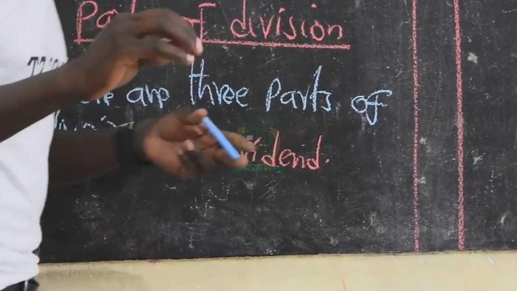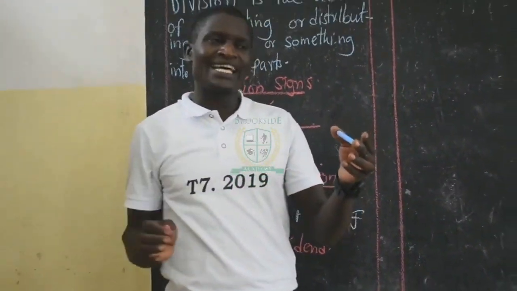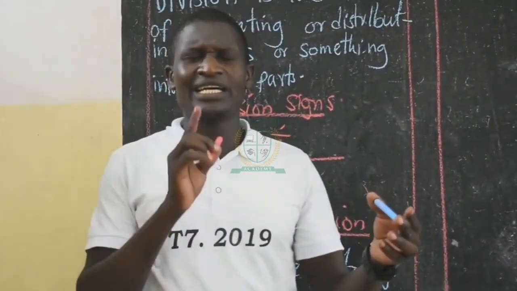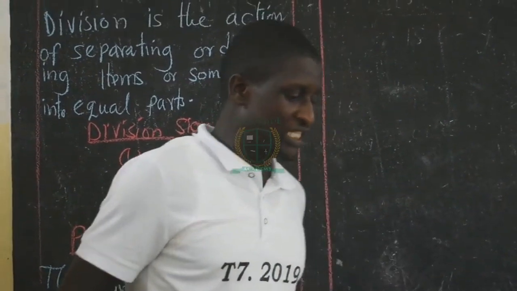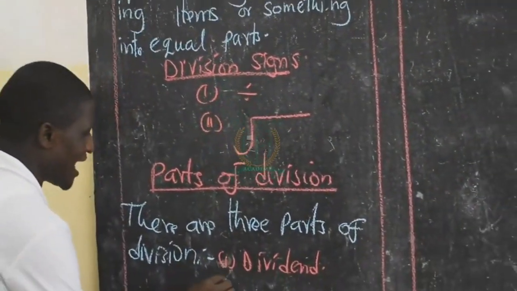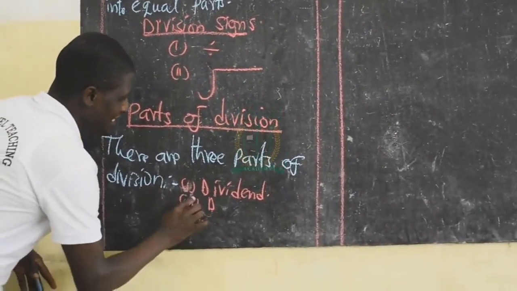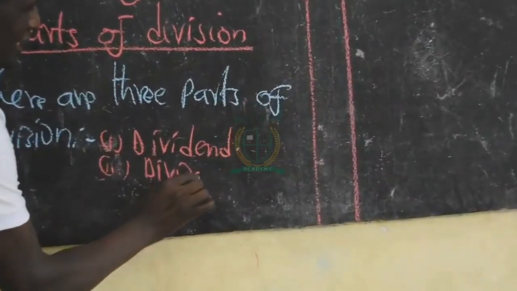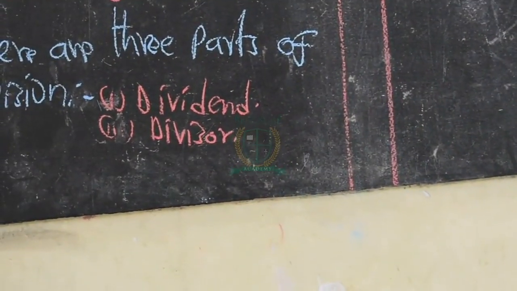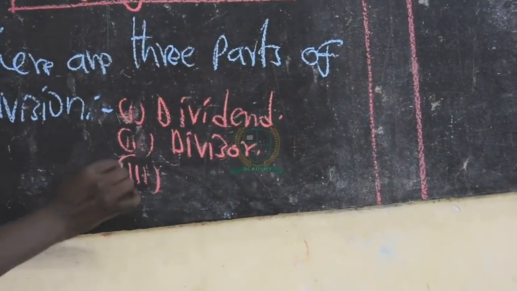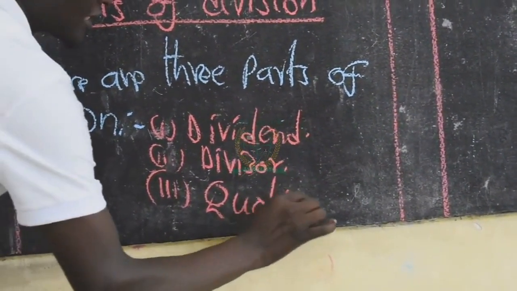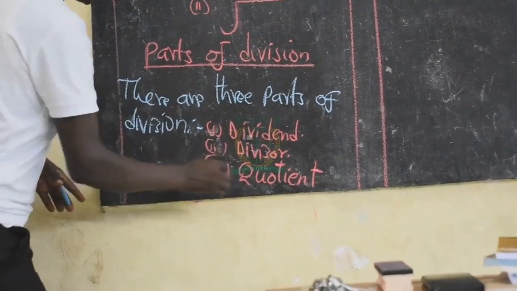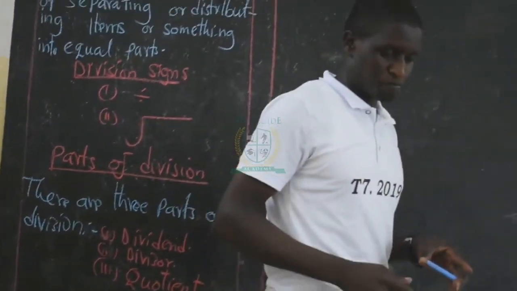That's the first one, which is always bigger than any other number in a division. Then there's the second part, which is called the divisor. The third one is called the quotient.